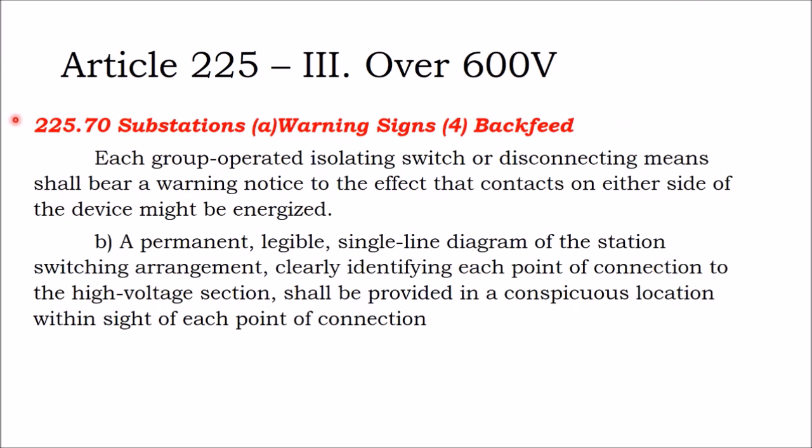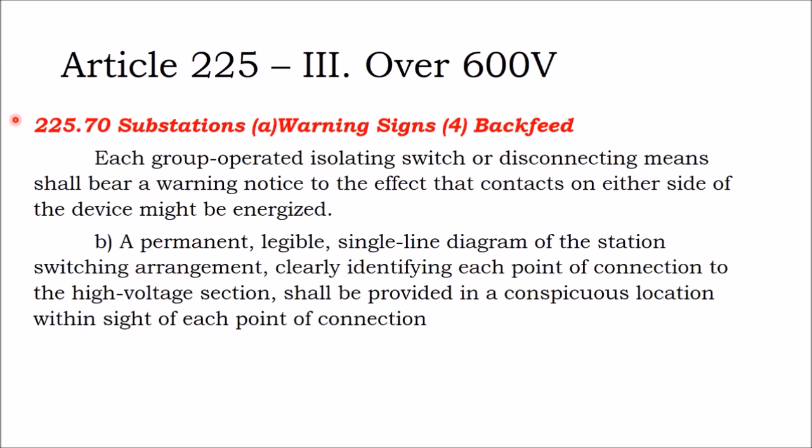So, not just telling where the power enters and exits the property, but for substations, a permanent legible single line diagram of the station switching arrangement, clearly identifying each point of connection to the high voltage section, shall be provided in a conspicuous location within sight of each point of connection.